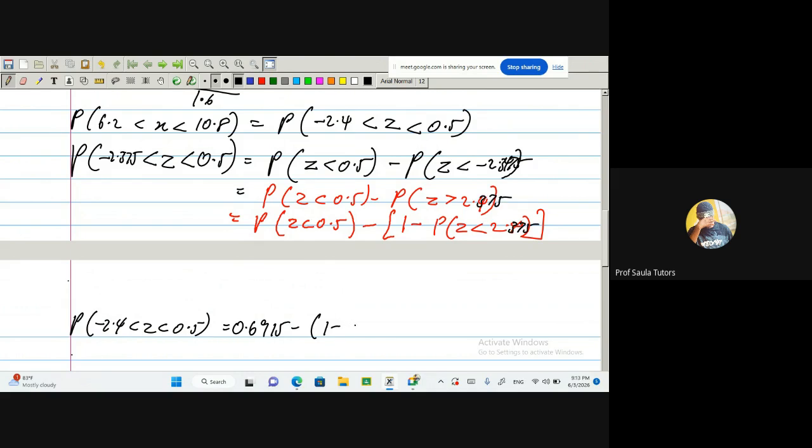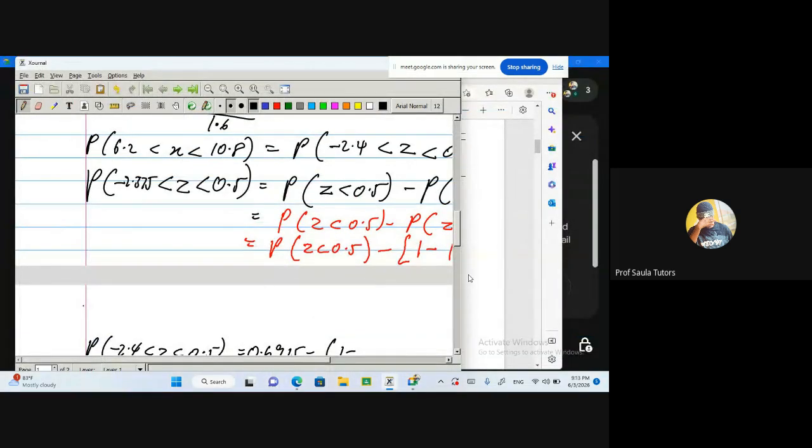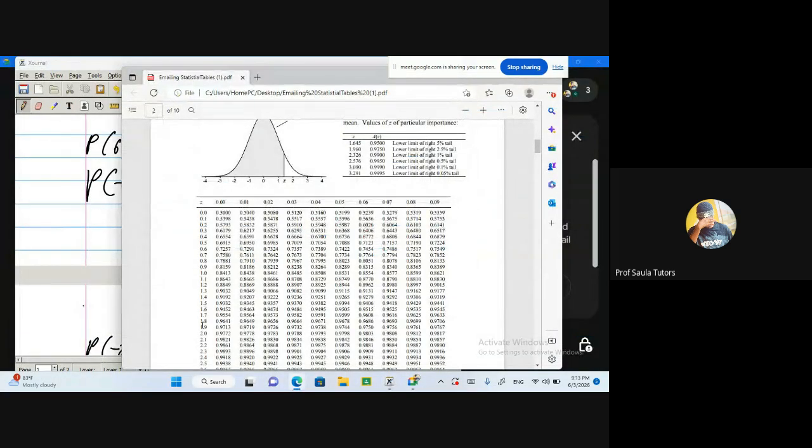So what's the probability of z? Let us check our table for 2.375. 2.3 is here, and 0.9893. Wait, hold on. I can approximate 2.375 to 2.38.